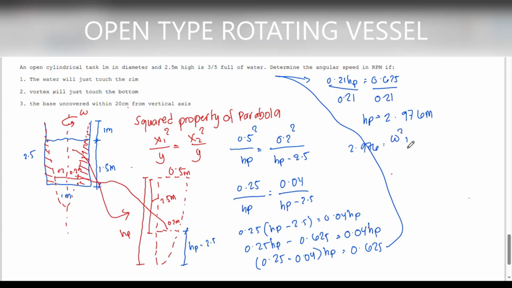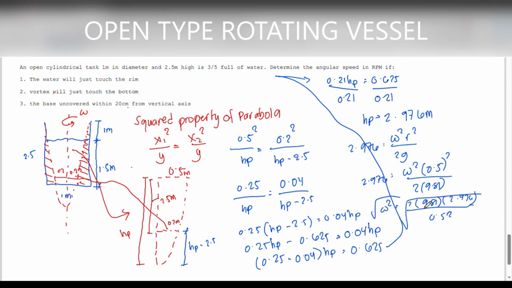So going back with our formula for height of the paraboloid, we can say that 2.976 is equal to omega squared R squared over 2g. By simplifying it, 2.976 is equal to omega squared times 0.5 squared over 2 times 9.81. So our omega squared is equal to 2 times 9.81 times 2.976 all over 0.5 squared.